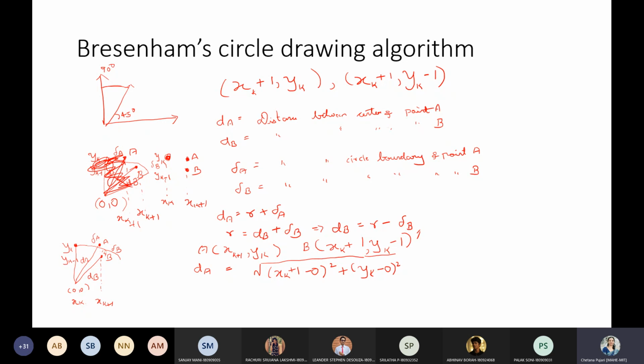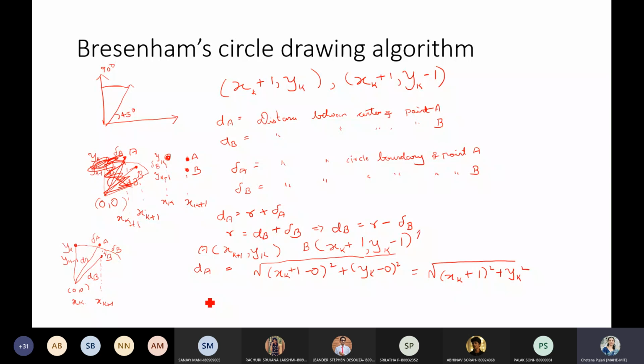It is root of (x2 minus x1) whole square plus (y2 minus y1) whole square. In our case, x1, y1 is 0, 0 because we are dealing with the origin, and x2, y2 is xk plus 1 and yk. So here we'll get root of (xk plus 1) whole square plus yk square.